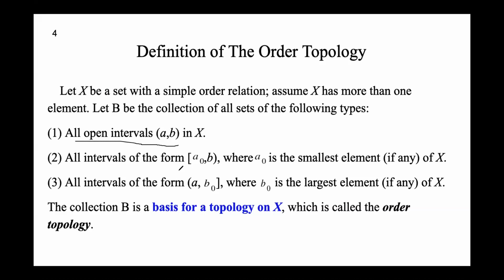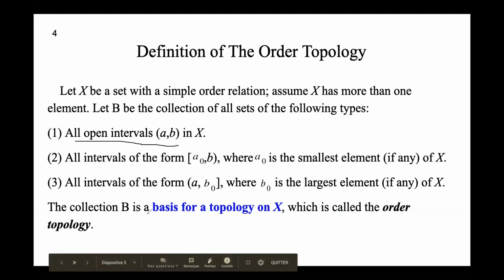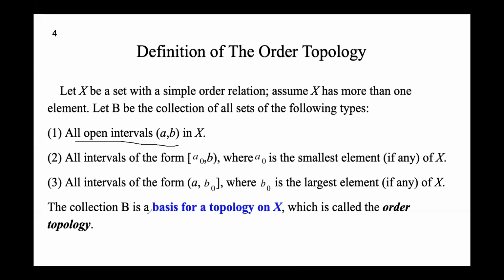And the third one would be an interval of the form (A, B0], half closed, where B0 is the greatest element of X, if any. Then the collection B would be a basis for a topology on X, and we call it the order topology.